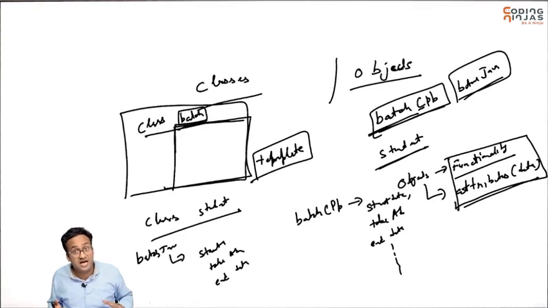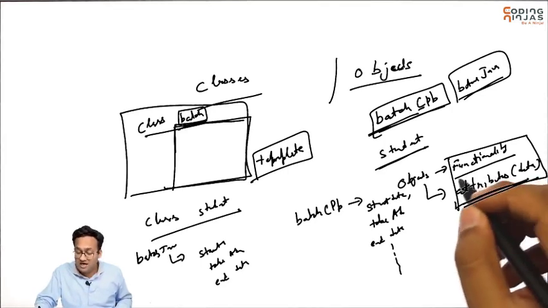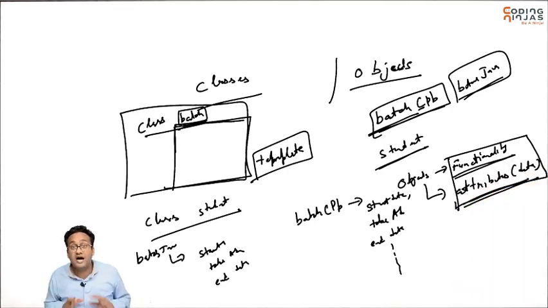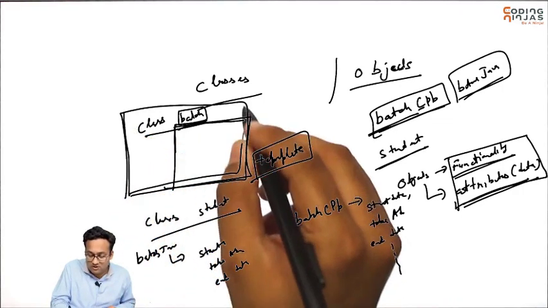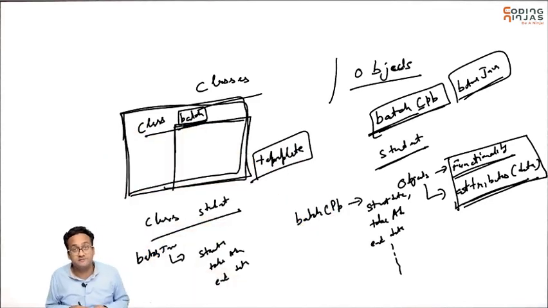But the problem with that is that every time I create a batch, I need to mention what all attributes, what all data it should have, and what all functionality it should have. I don't want to do that. What I want is that I'll define it once, how does a batch look like? What are the properties of a batch? What are the functionalities of a batch?